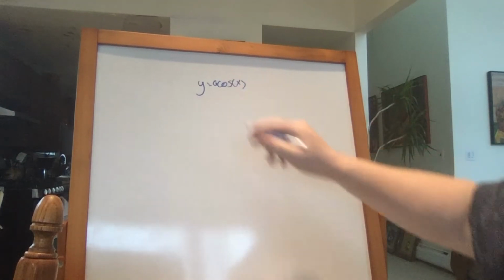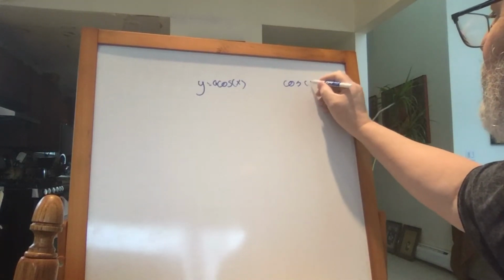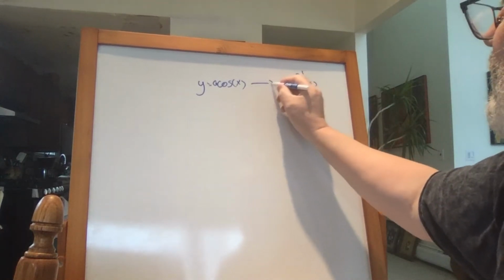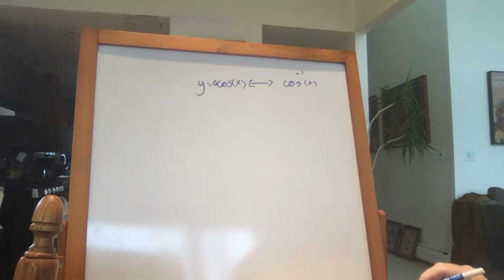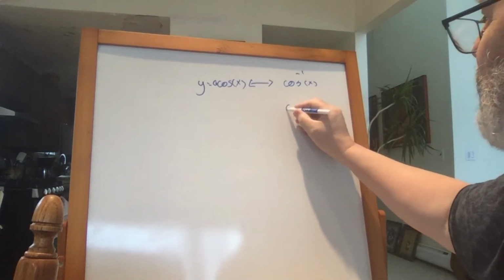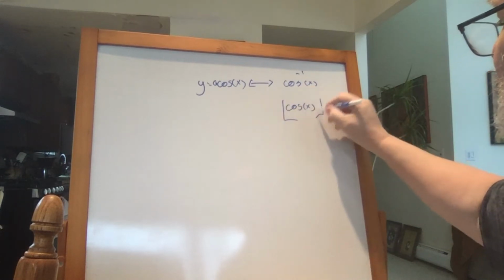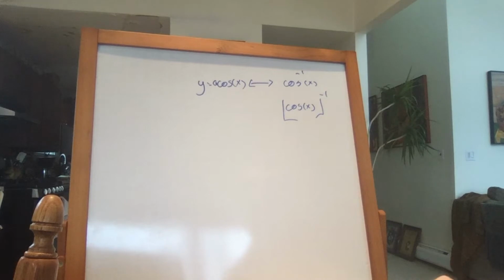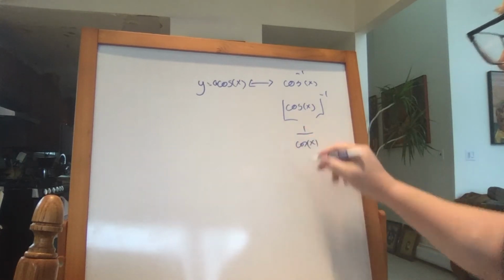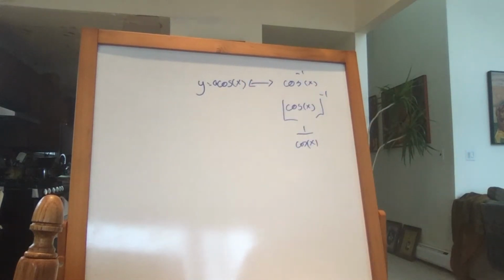And I use arc again, mainly because the cos with the minus 1 could also be read as cosine of x to the -1 power, which would be 1 over the cosine of x, which is not at all what the inverse function is.